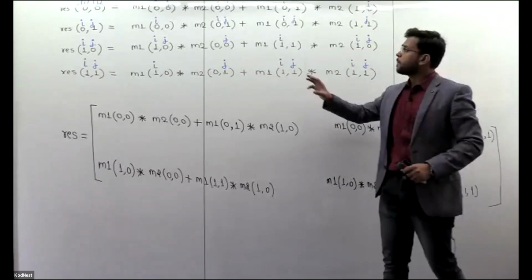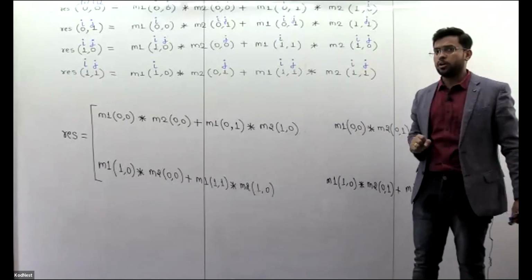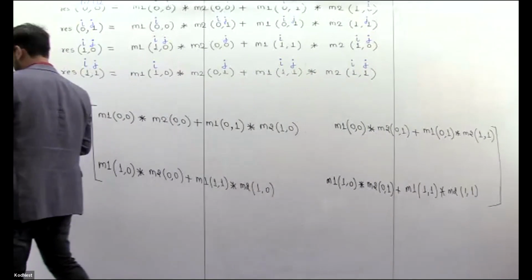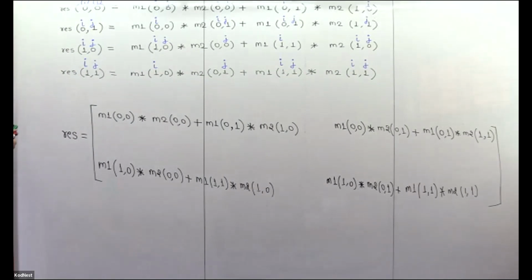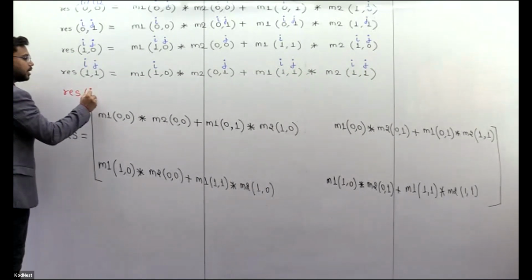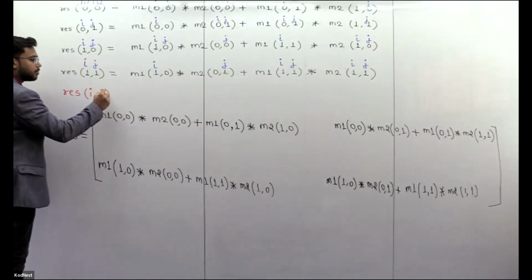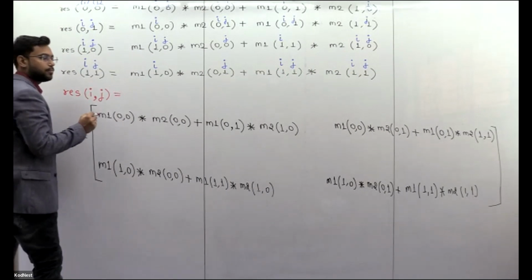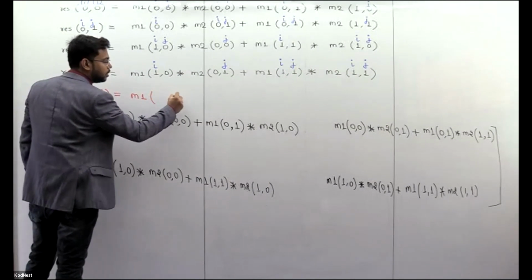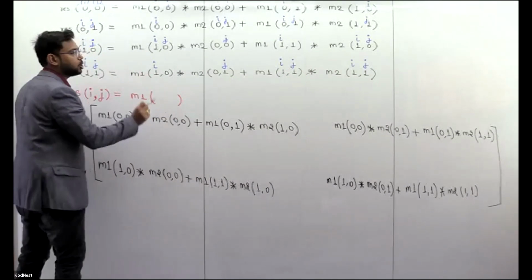So in this particular manner, we have got it. Now let us see what the standard version will be. I will write result I, comma J, is equal to M1, and now what should come here, I or J?